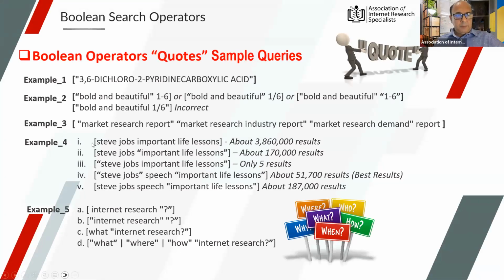In 4, we have one query which says, and it's without any quotation marks, Steve Jobs important life lessons. And right next to it, you can see we got a lot more results than expected, and it makes it really very difficult to go through so many of the results, and we don't need these. So this is without quotation marks.